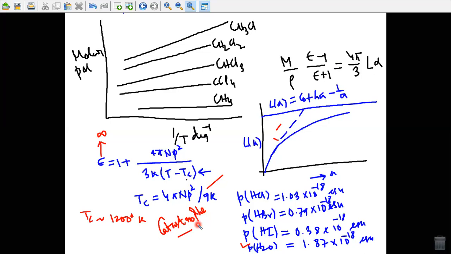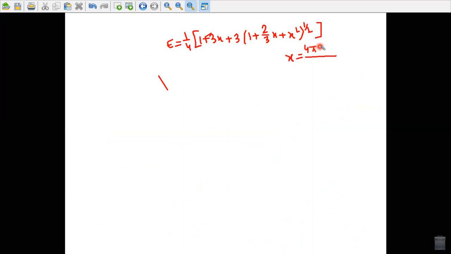Onsager has developed an approximate theory for polar substances. If the induced polarization is neglected, the Onsager model gives epsilon as one-fourth of 1 plus 3x plus 3 times (1 plus 2/3 x plus x squared) to the power half, where x equals 4 pi n p squared divided by 3kT.